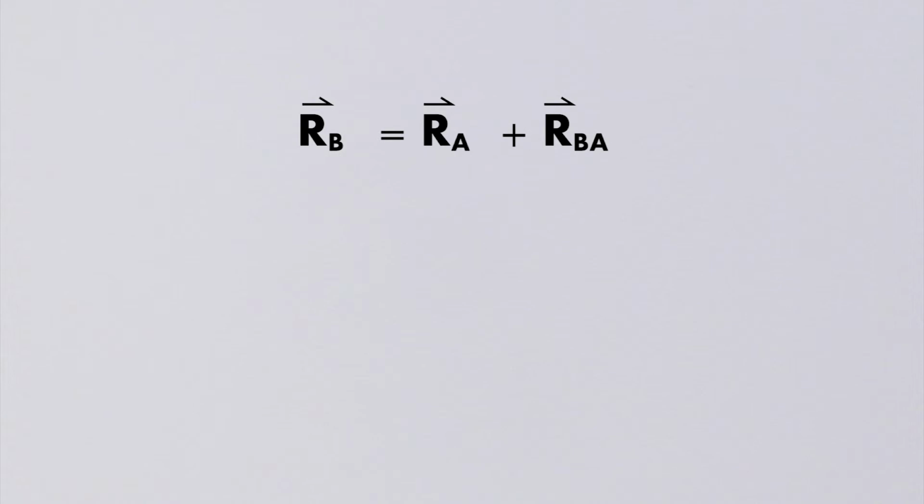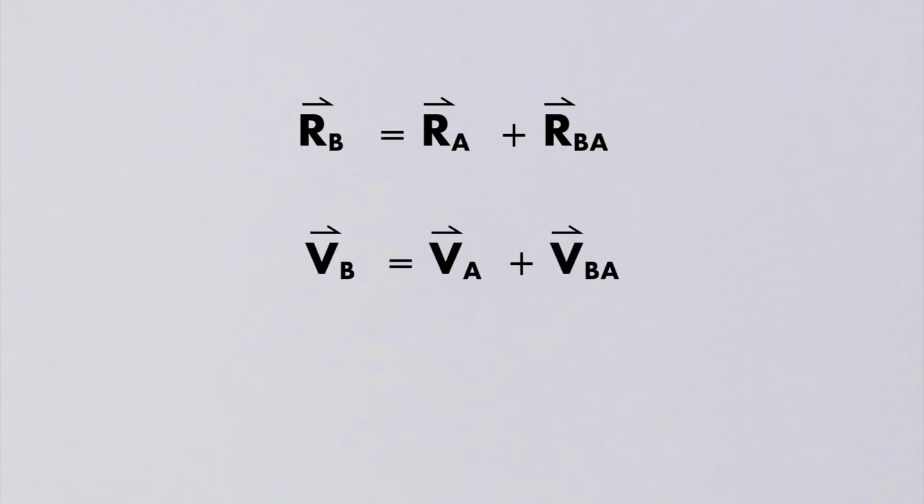Now I would like to move on to talk about other quantities that you can derive from this equation. You have a vector equation involving position. Now, as you know, rate of change of position is velocity.